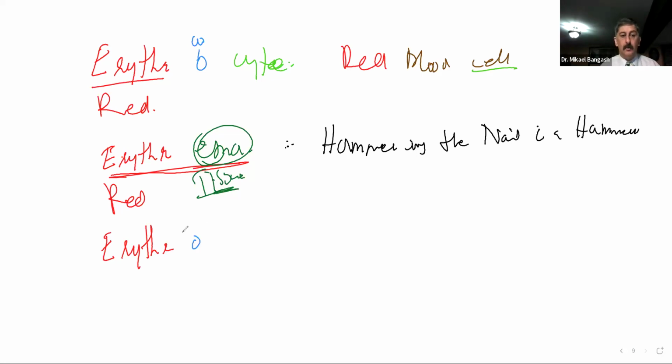We will have the combining vowel, which is O, and then poiesis, the big sister, sis. If you remember from what I said earlier, when a word ends with sis, it means process of.